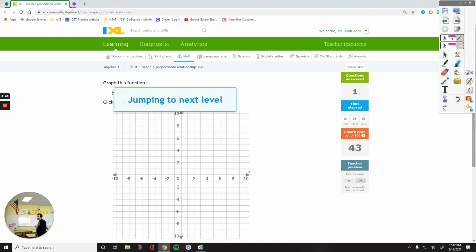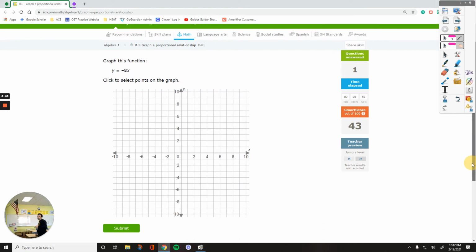Let's jump a level. Now let's use the slope-intercept method over here, and then on the next one, I'm going to plug in 2 numbers for x and then find the corresponding y values. So this right here, if I want to write this as y equals mx plus b, it would be y equals -8 over 1, because you can always do over 1 to convert it into a fraction.